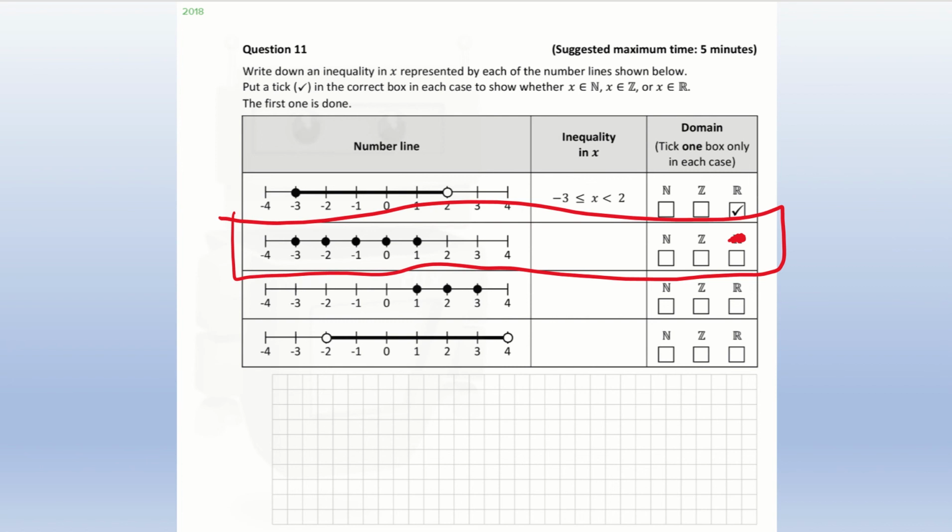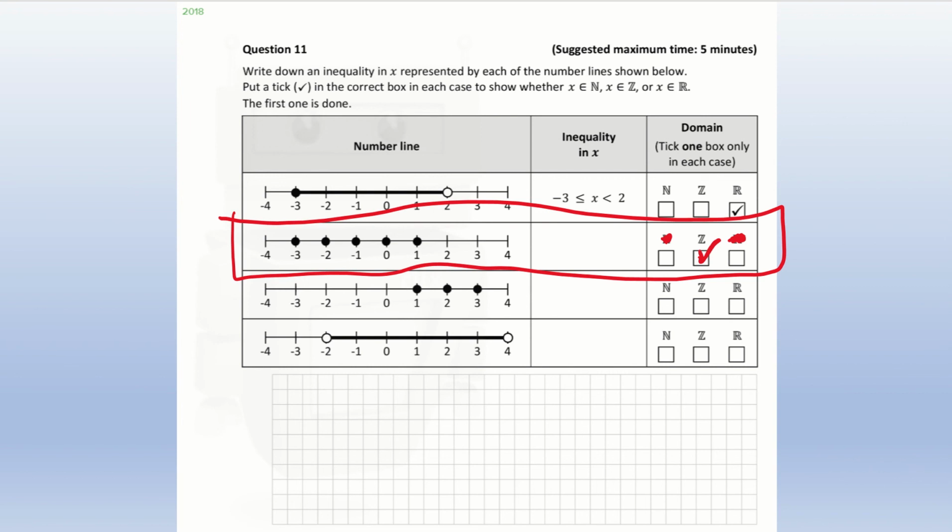So we're left with an option, natural numbers or integers. And we need to know which one of these takes into account negative numbers as well. And that's going to be our integers. If you had ticked natural numbers here, that would have been incorrect because -1 has a dot on it, so does -2 and -3. They are not natural numbers.